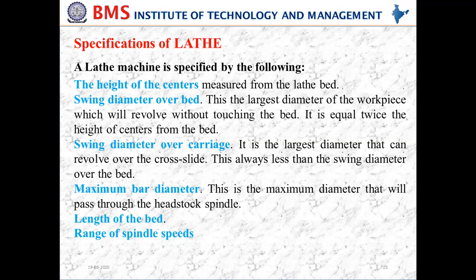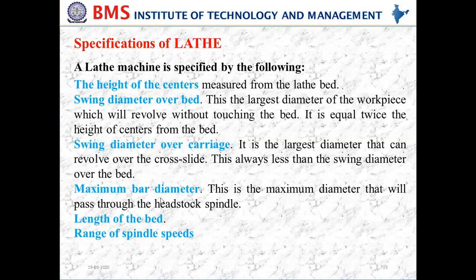It is defined as the maximum diameter of the workpiece that can revolve without touching the guideways. And some manufacturers specify the height of center instead of swing diameter. It is the largest diameter that can revolve over the cross slide. It is always lesser than the swing diameter over the bed.